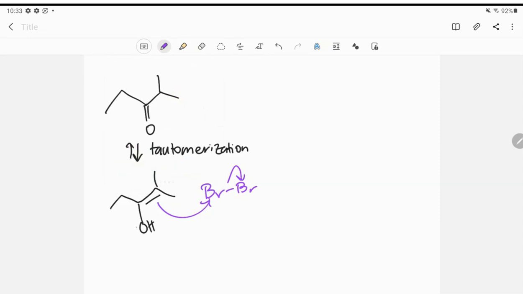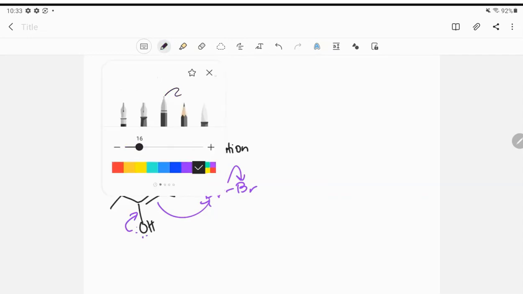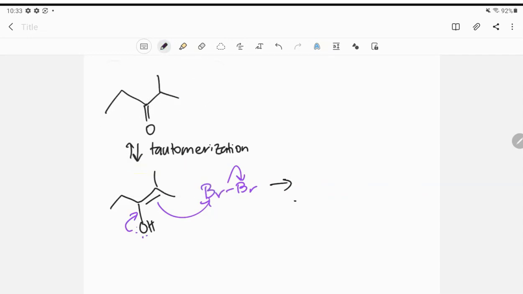So we'll end up getting our brominated product, right? I'll leave it protonated for now. Who cares about the deprotonation?